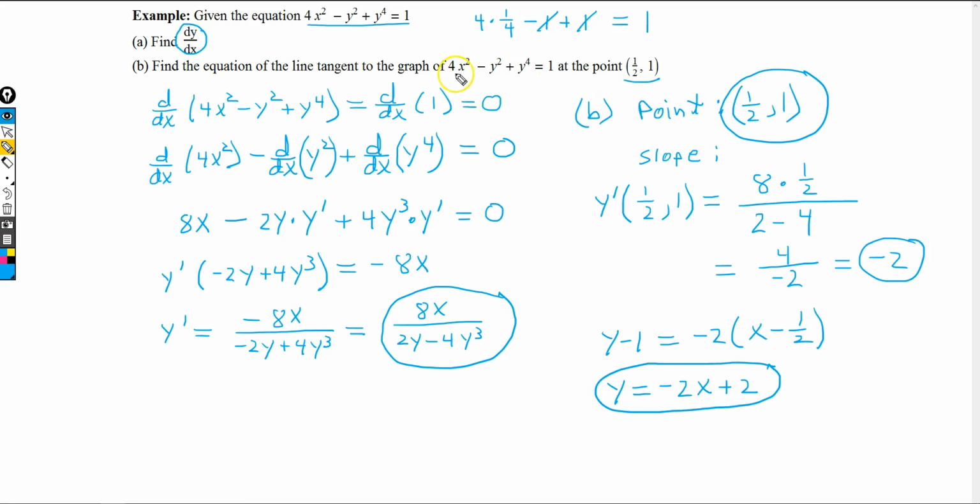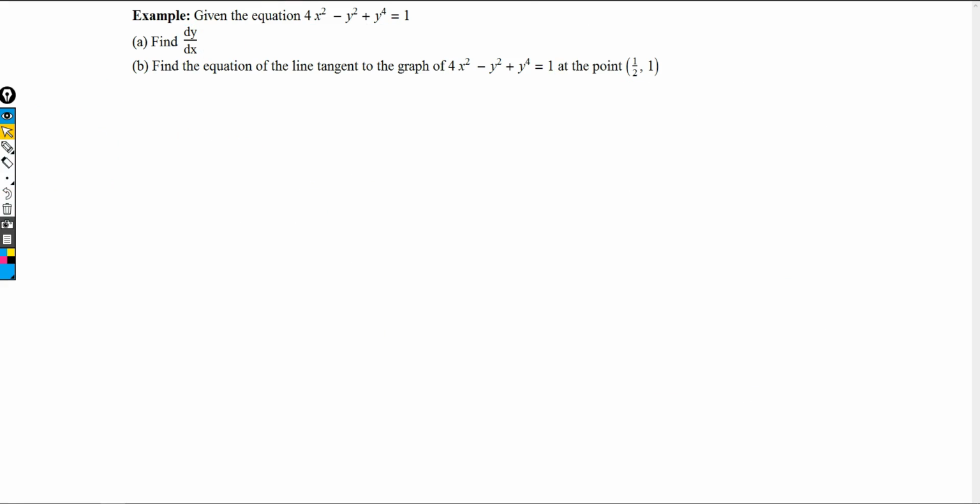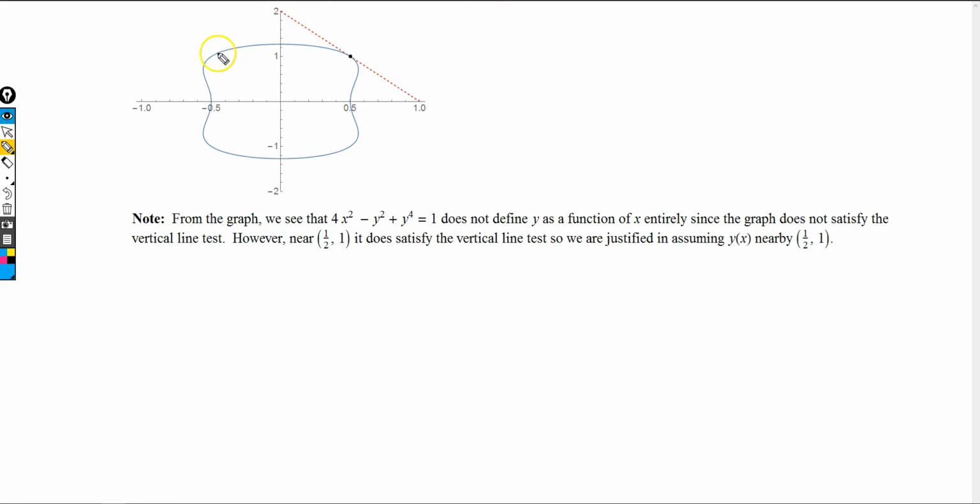Let's see what the graph of this looks like. Just to verify everything, we'll take a look at the graph of this and the graph of our tangent line. It looks like this. So the blue curve here, that's what the graph of 4x squared minus y squared plus 4 plus y to the 4th power equals 1 looks like.